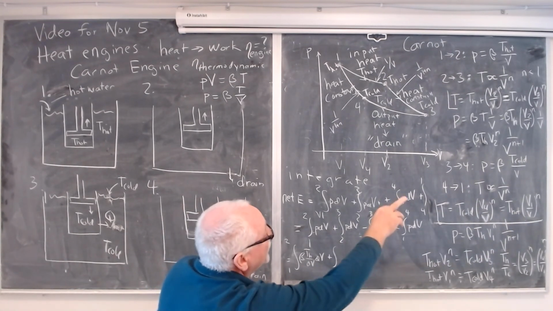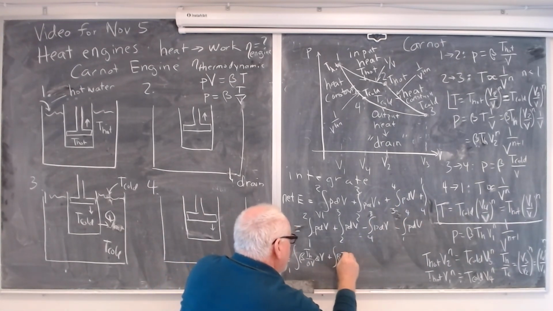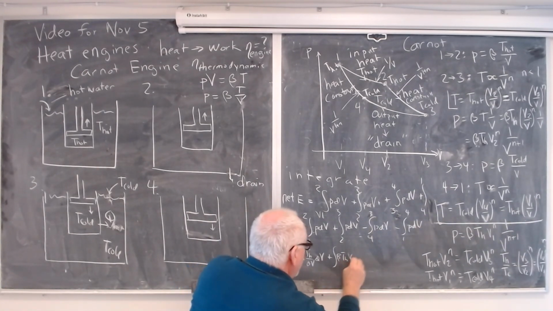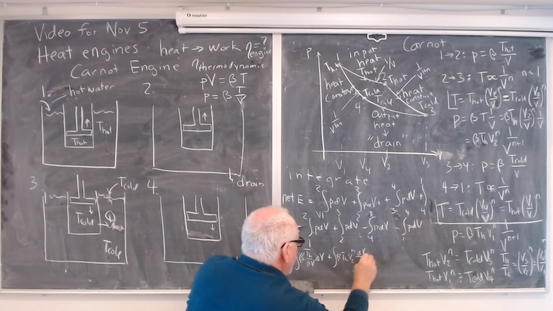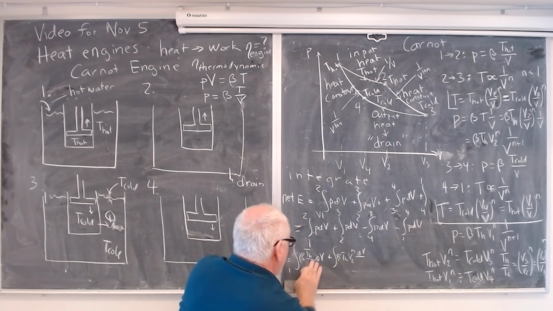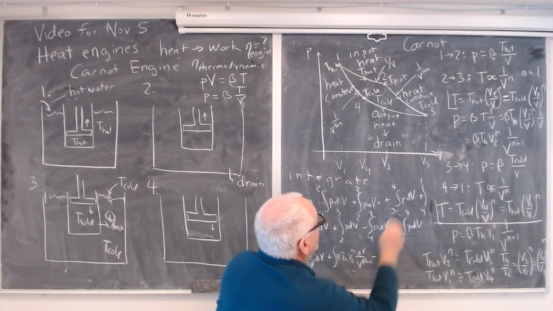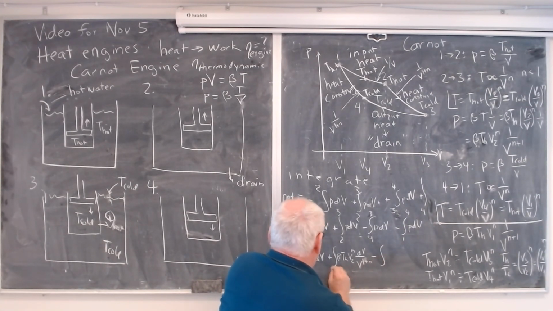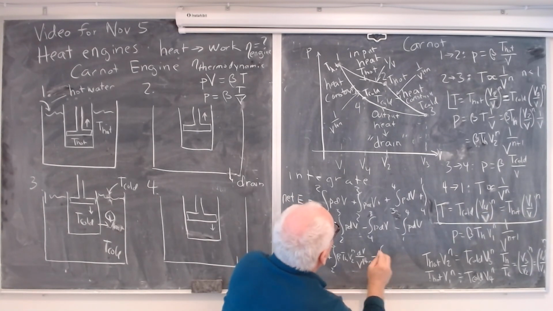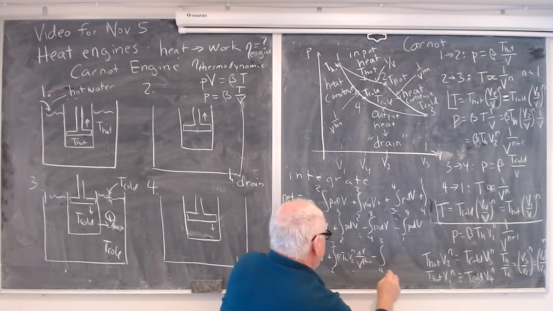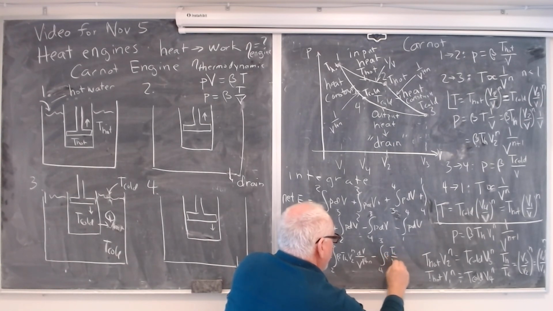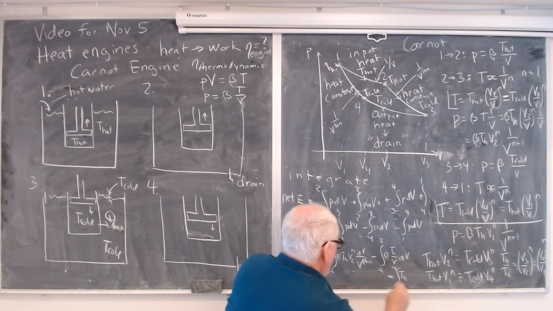From 2 to 3, it's beta T hot V2 to the N times dV over V to the 1 plus N, minus, from 4 to 3, beta T cold over V dV, and then the integral from 1 to 4 of T hot beta.